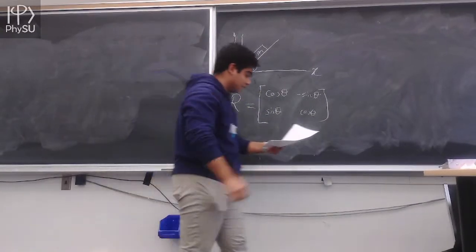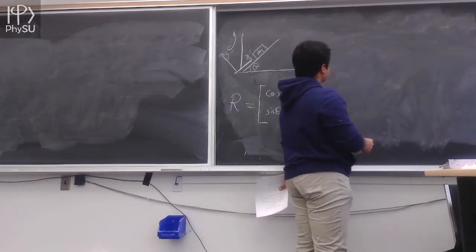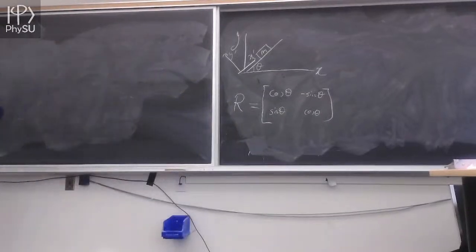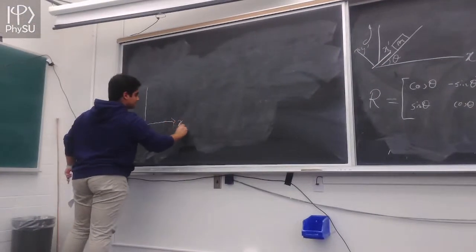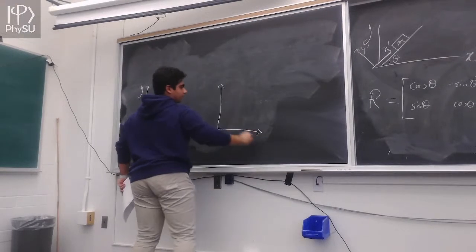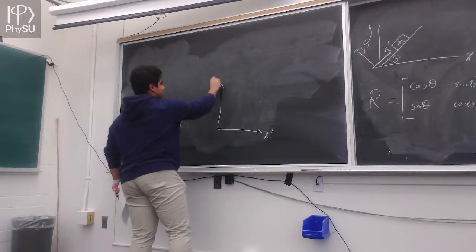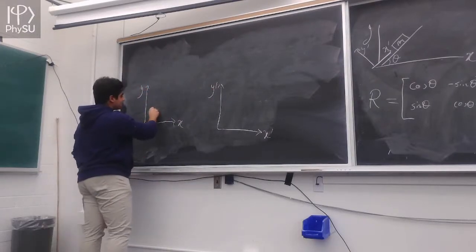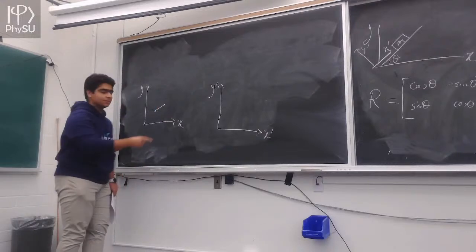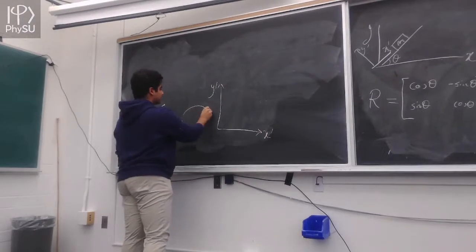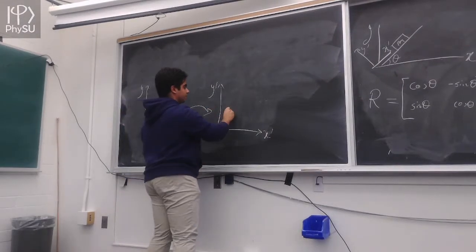The answer is, let's say I'm going to draw this a bit bigger here. Let's say this is my x, y axis, and this is my x prime, y prime. These look the same, but I'm going to say they're not the same, so you believe me. I take this line segment, and I'm going to call this S. I take it into x prime, y prime, and I get something like this.